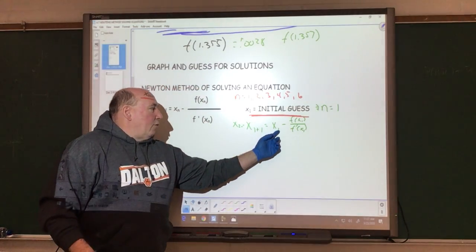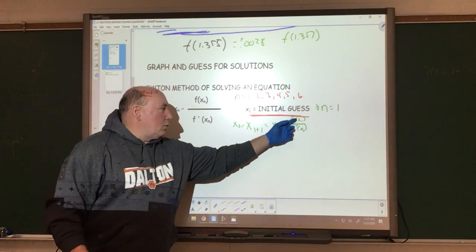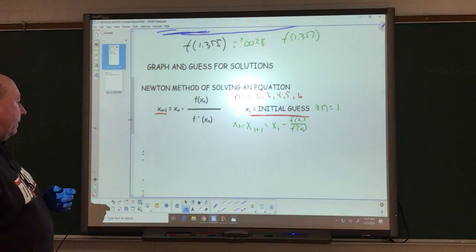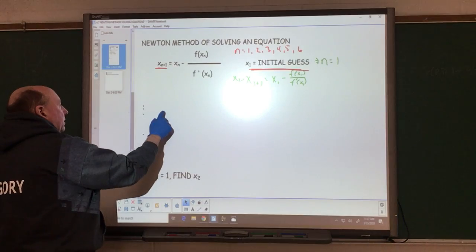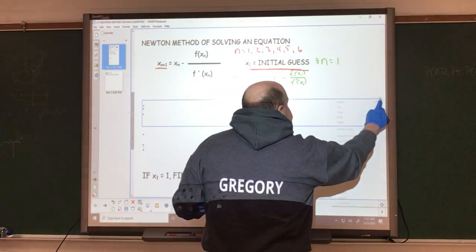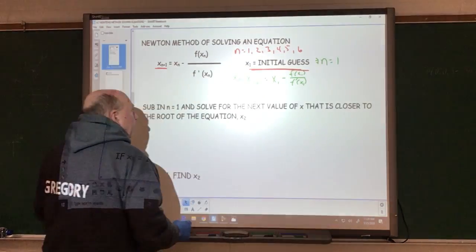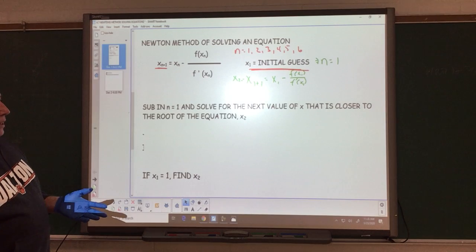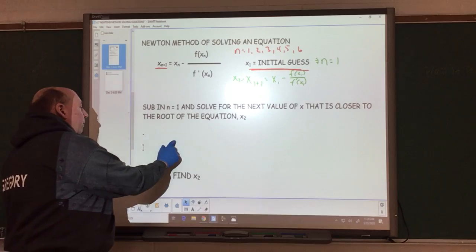We have our first value, our x1, our function value at x1 divided by our derivative at x1. And that's what this signifies here. Sub in x1 and solve for the next value of x that will be closer to the root of the equation, which is x2.